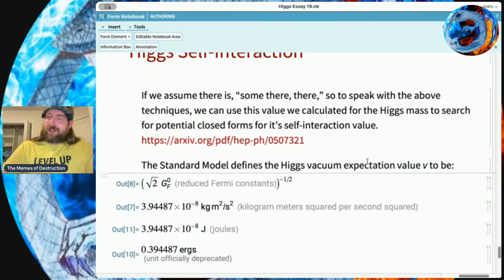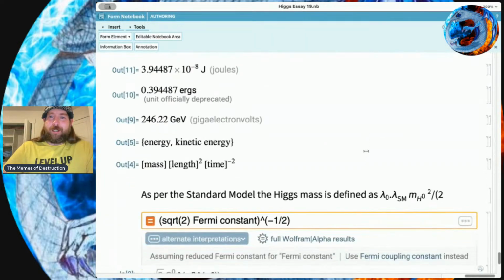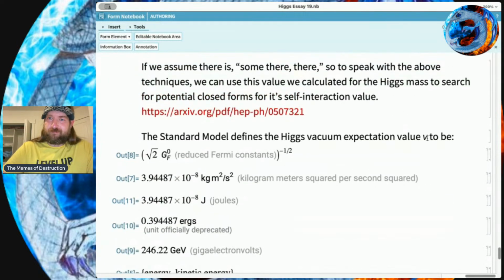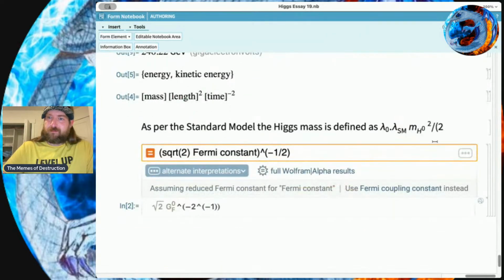The standard model defines the vacuum expectation value V to be something divided by 2V squared. That's, yep, 2V squared.